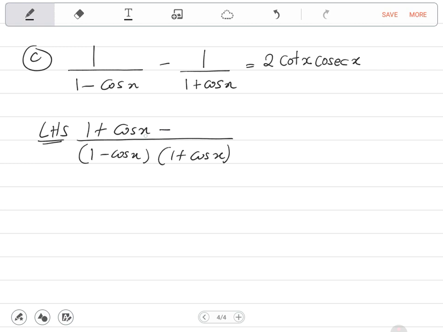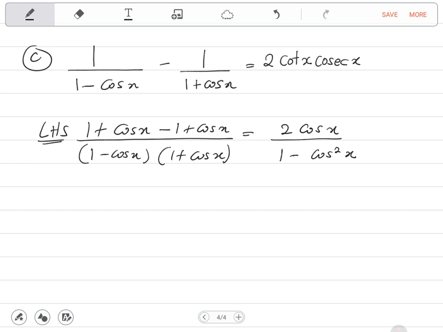But remember that the negative is multiplying everything here, meaning I'm going to have negative 1 plus cos x. Cos x and cos x will give me 2. The 1 and the negative 1 disappear. So I have 2 cos x over 1 minus cos squared x, of course, this is just the difference of two squares.